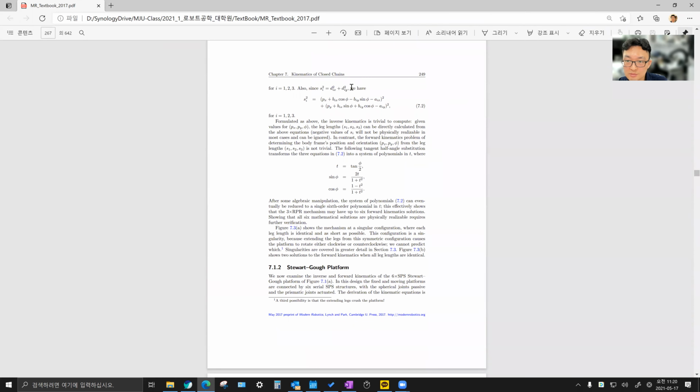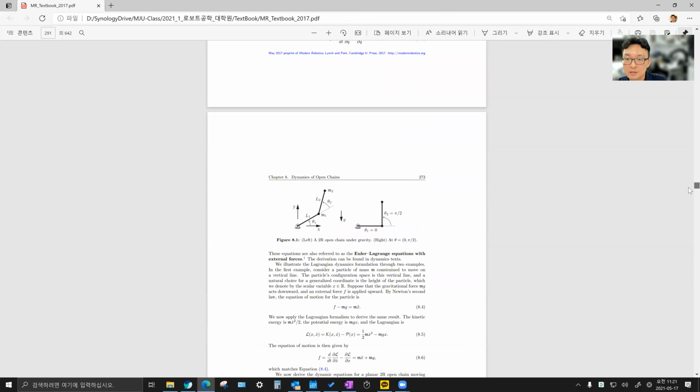Chapter 7 will be skipped, and then we will study chapter 8 next week.